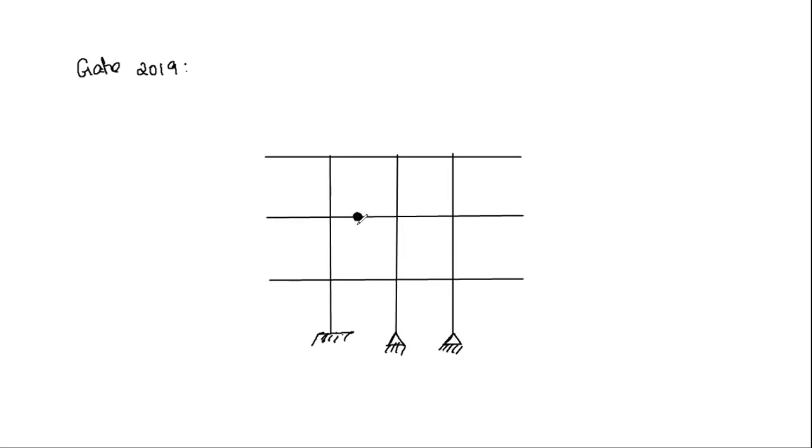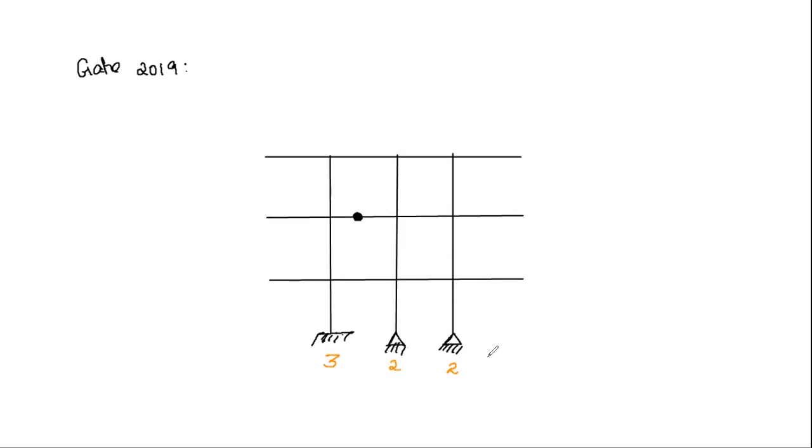Find out the static indeterminacy of this structure. What are the reactions? For fixed support, 3 reactions. For hinged support, there will be 2 reactions. And for the other hinged support, 2 reactions.